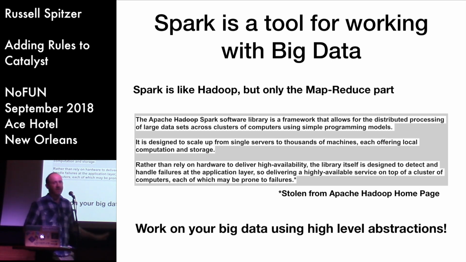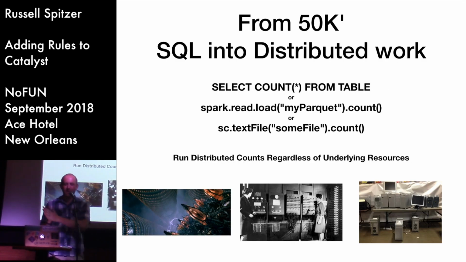I don't really want to talk too much about the underlying primitives inside of Spark. Instead, I'm going to talk a little bit more about the higher level abstractions that end users actually deal with. And the key one there is the Spark SQL and data frame API. I've written a couple examples up here on the board. The topmost one probably looks exactly like any SQL query you've ever seen before.